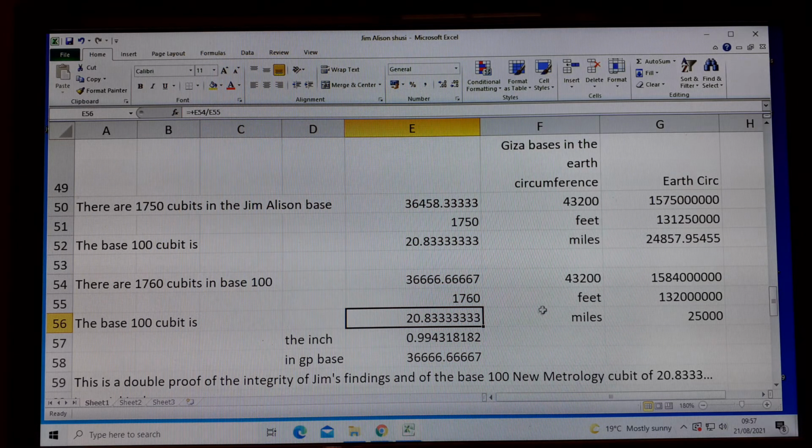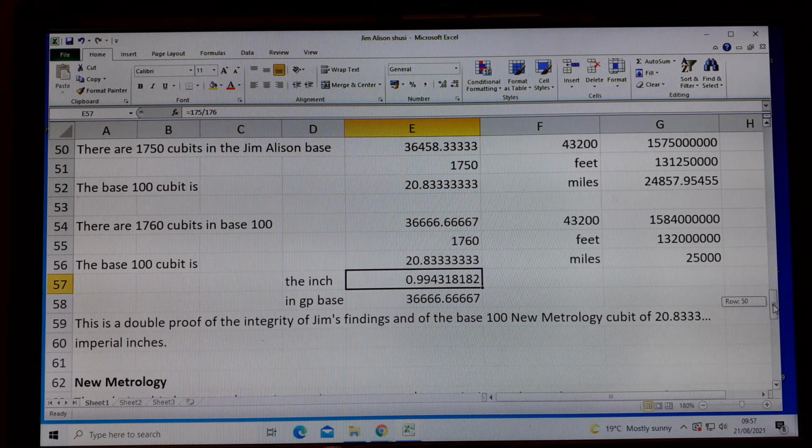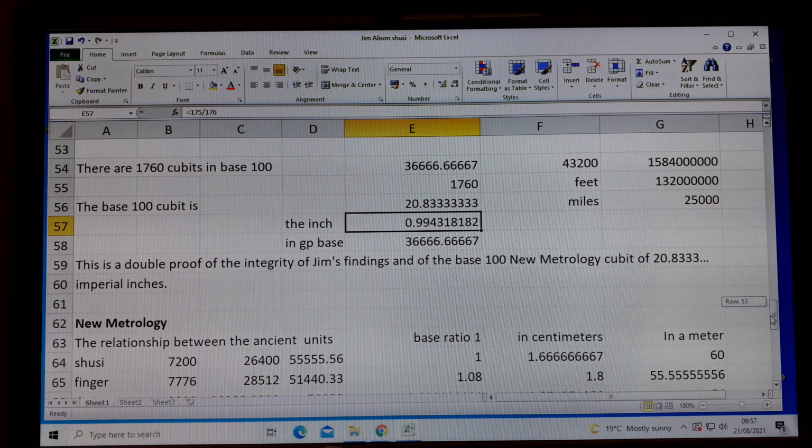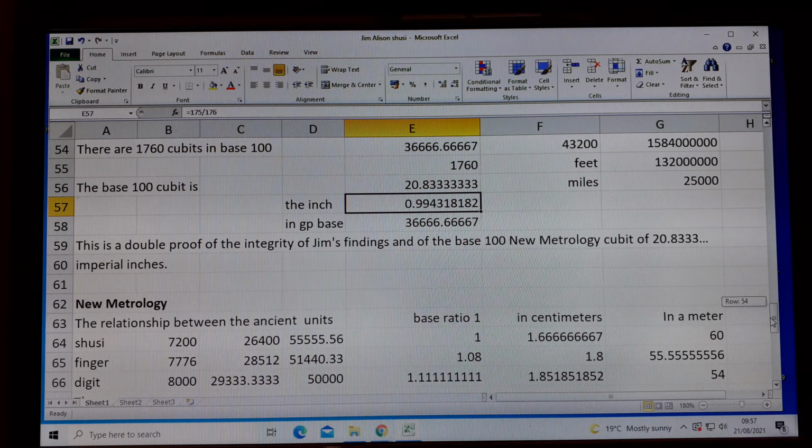Right. Now the inch that Jim is using is this. So what I'm saying now is that this is a double proof of the integrity of Jim's findings in the base 100 new metrology cubit of 20.833.